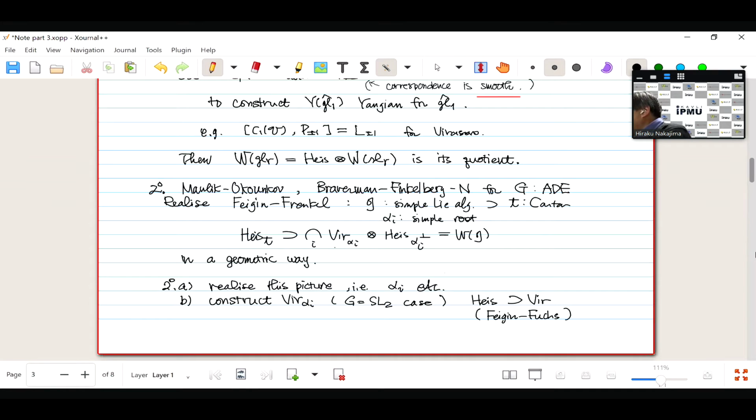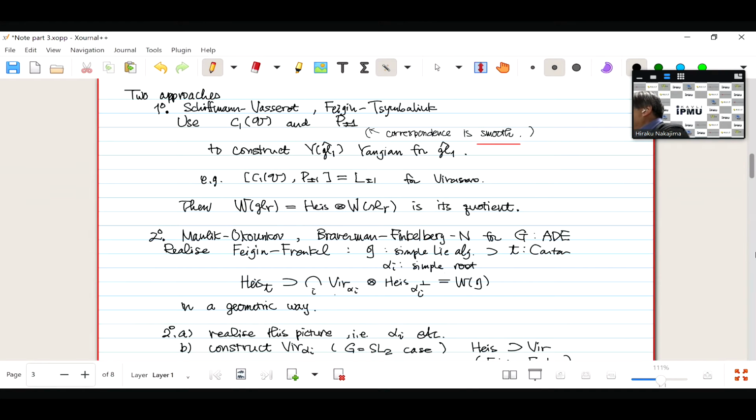As I already indicated in the first approach, the chiral algebra is relatively easy to understand. Fortunately, this is type A. Even if we start with an arbitrary ADE group, if we pick a particular simple root and consider the corresponding subalgebra, then it is sl2. So it's always type A1. There is no type B2 or B1 or C1.